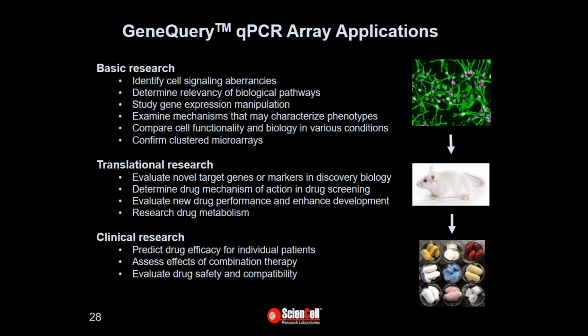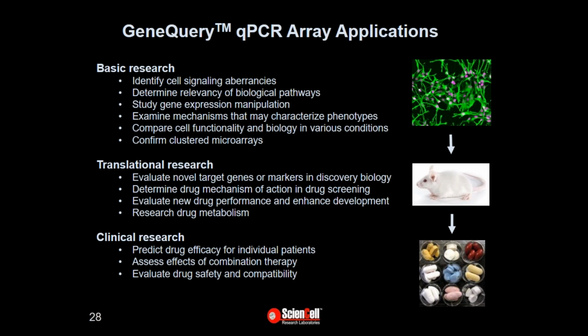The versatility of gene query kits and primers makes it extremely useful in all types of research. In basic research, you can use gene query to study, identify, or compare relevant cell signaling and biological pathways in normal and genetically altered samples. Gene query can also be used to evaluate how your cells may respond to stress conditions and to validate your reporter assay or microarray data with higher resolution.